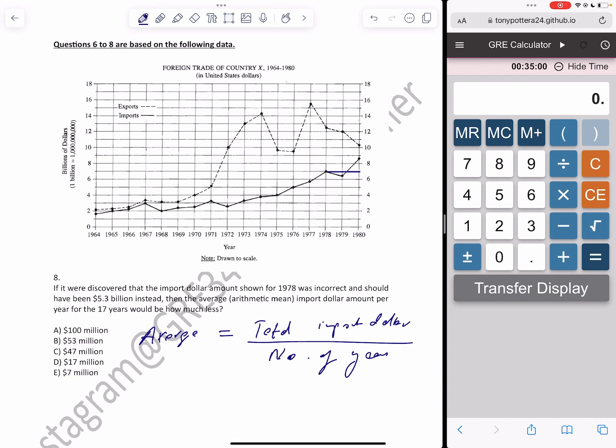So I'm going to have to look at every single import value for all of these years. So let's start with 1964. It is a little over 1. Let's say it's 1.6. I'm just going to put a tick to see which year is done.